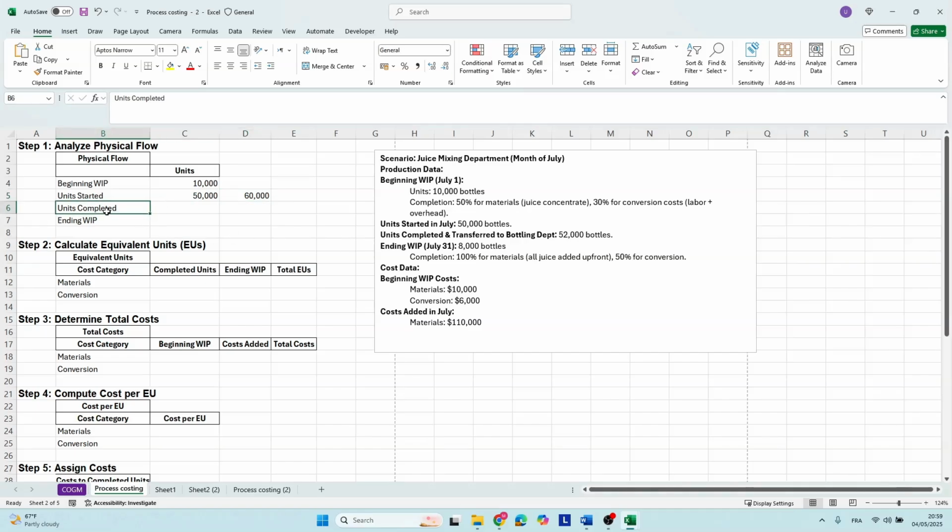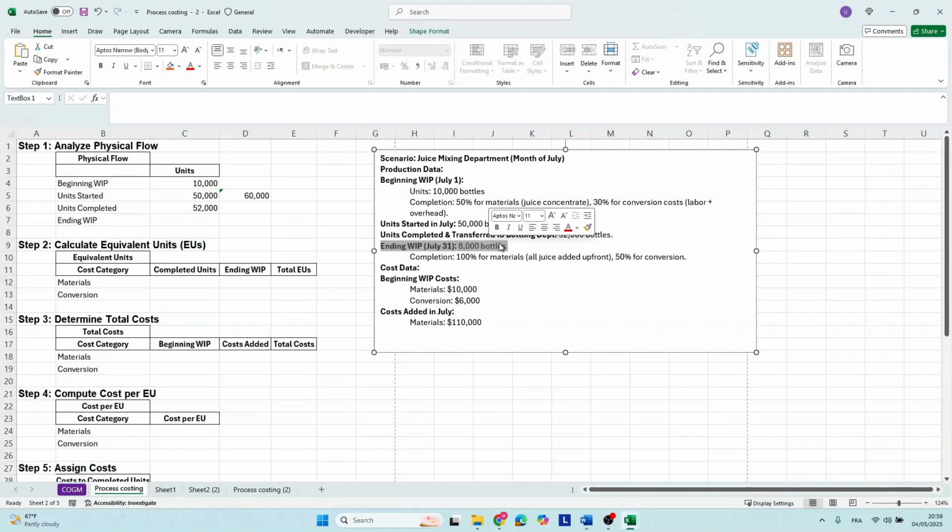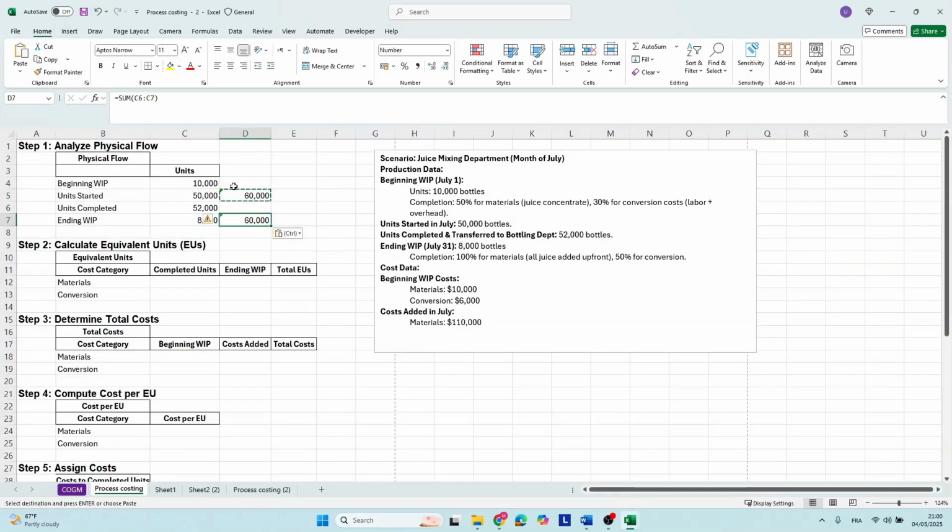Then we have units completed, which is 52,000. Then we have ending work in progress of 8,000. And we make addition and we find 60,000. So we have seen that beginning work in progress plus units started should be equal to units completed plus ending work in progress. So here the first step is complete and we got the right data.